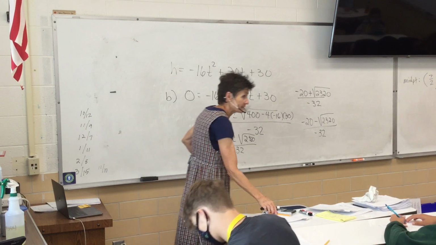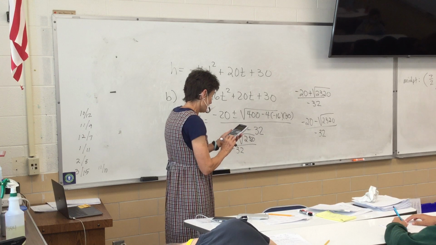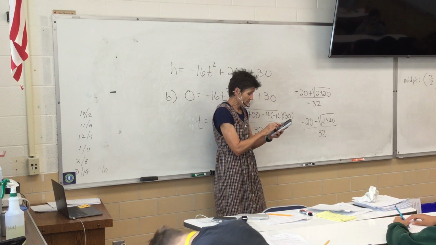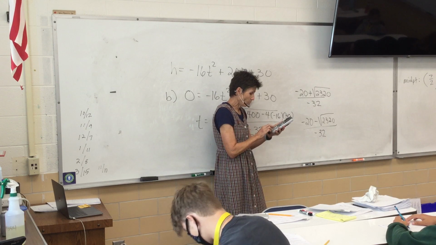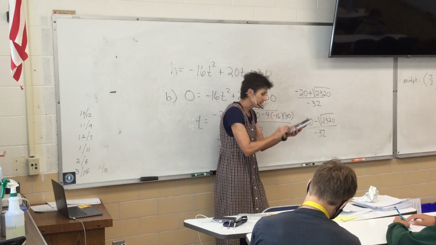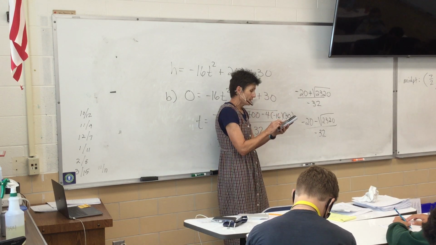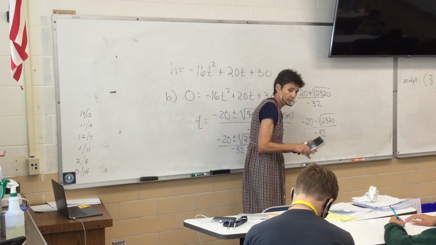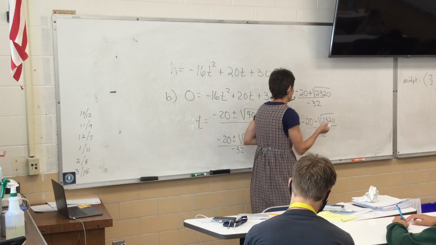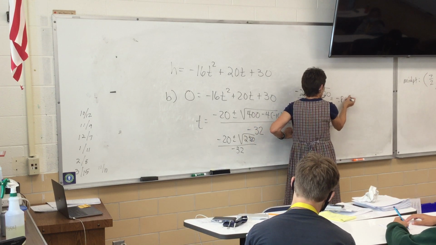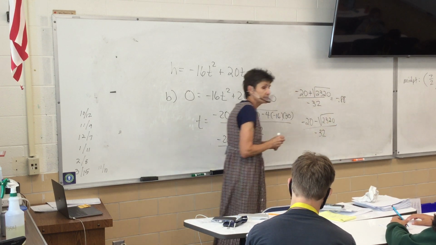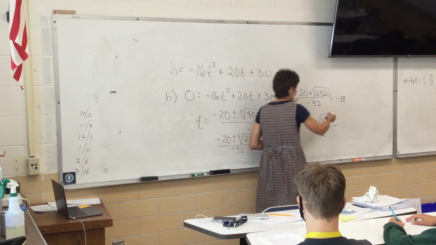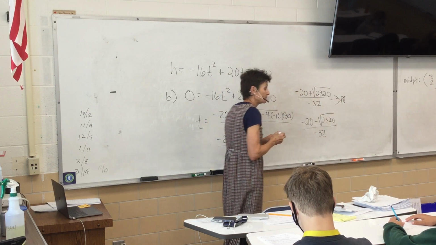So look carefully at these answers. Negative 20 plus the square root of 2320 divided by negative 32. Uh-oh, I got negative 0.88. Tell me about that. T can't be negative. So whatever that answer is no good. I'm going to throw that one out.